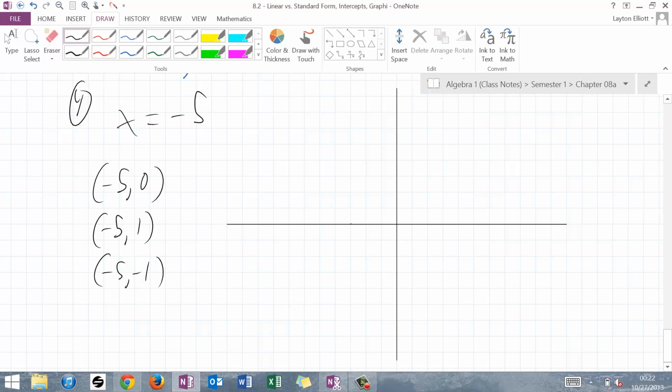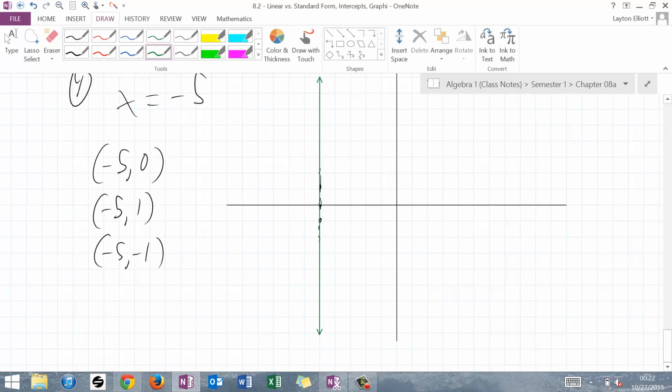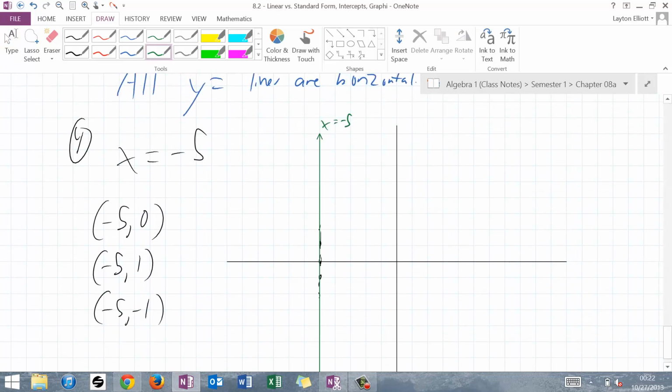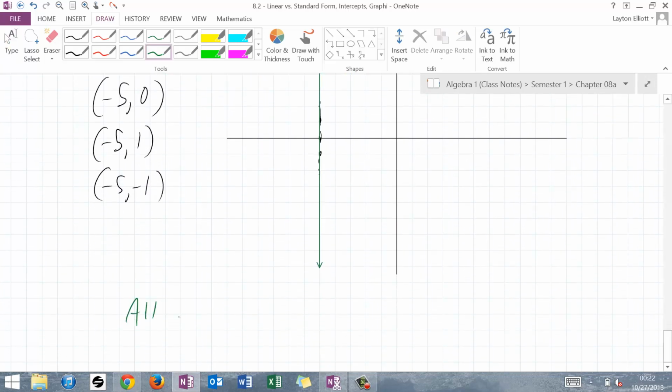So when I plot this out, I've got a point here, here, and here. In fact, I'm going to have points all throughout here, and we're just going to draw a vertical line, like that. And that is the line x is equal to negative 5. We can say all x equals lines are vertical.